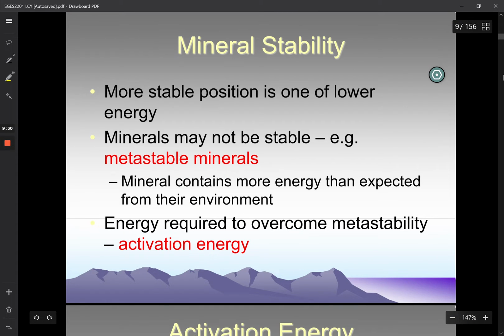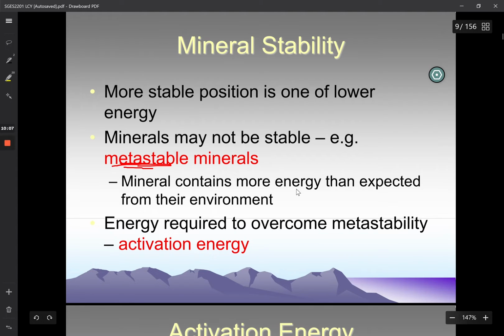So a more stable position is one of lower energy, right? Minerals may not be stable, for example metastable minerals, which are less stable, or you may call them unstable. These minerals contain more energy than expected from their environment, because stability involves energy, right?